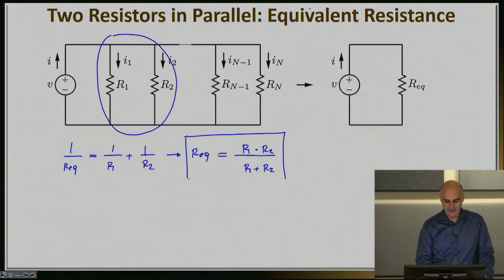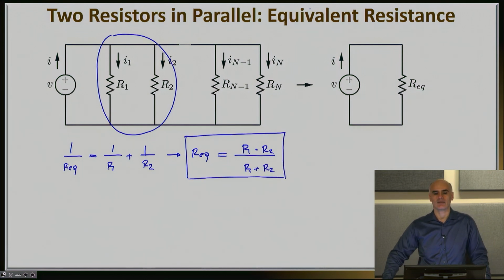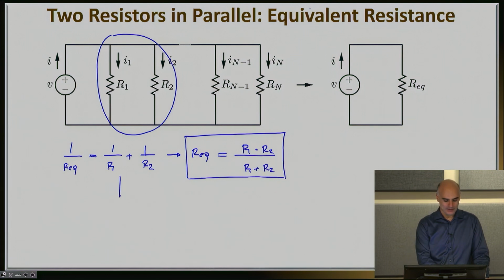So this is the equation that you can use directly from now on to find R equivalent for two resistances. It's the product of the two resistances divided by the sum. So you don't have to always start from here. Just go ahead and apply this equation directly.